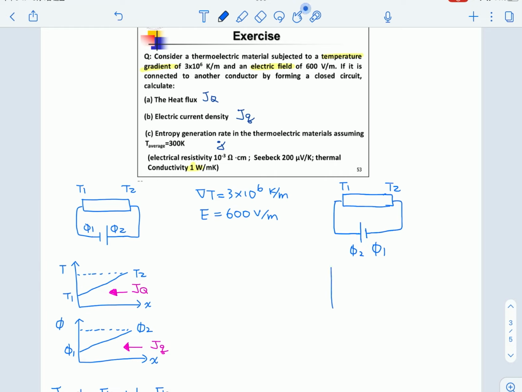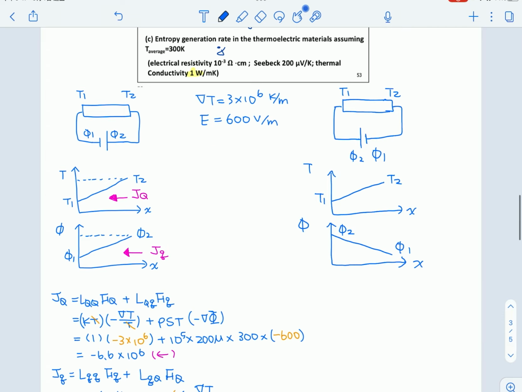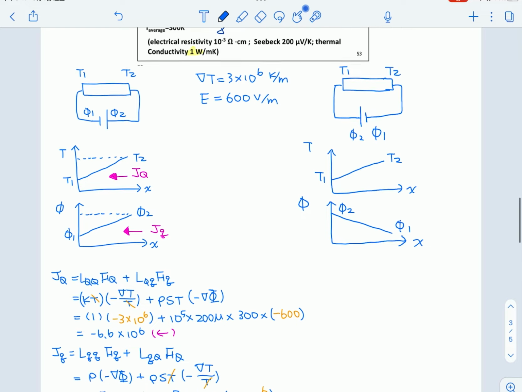So in order to answer this kind of question, I will do the same thing. I will draw T2, T1, and the only different part will be the electrical potential part. So now the direction is this way, it's phi2, it's phi1. So the gradient directions of temperature and electrical potential are different and show like this.